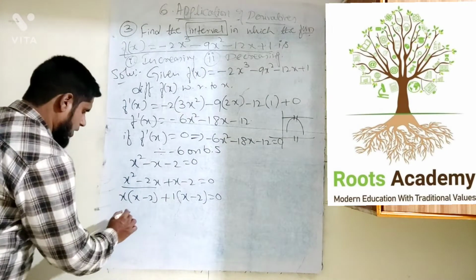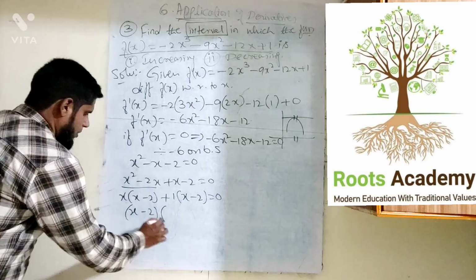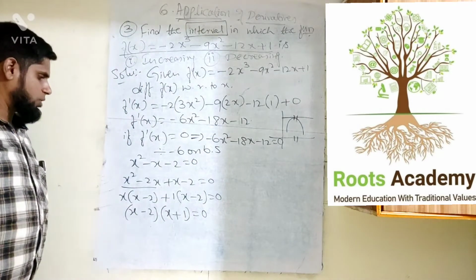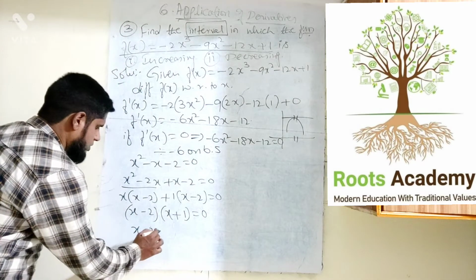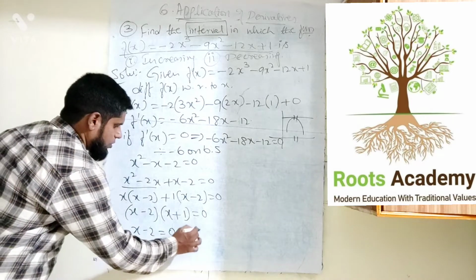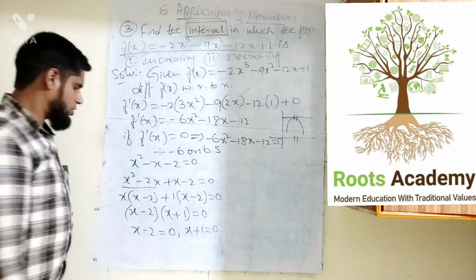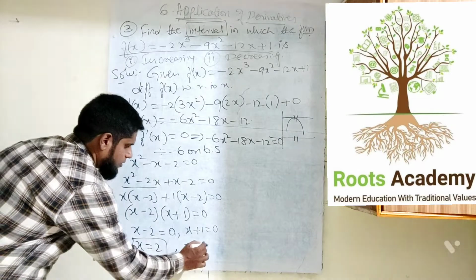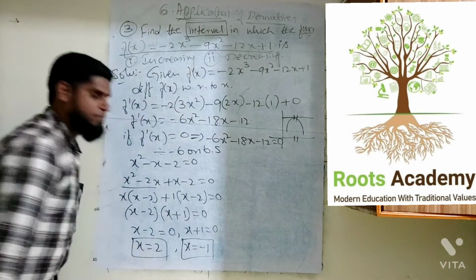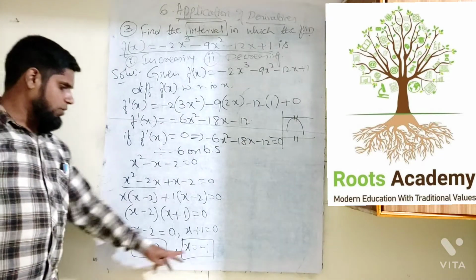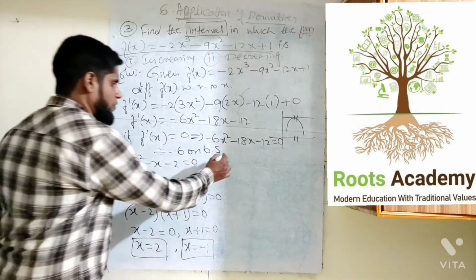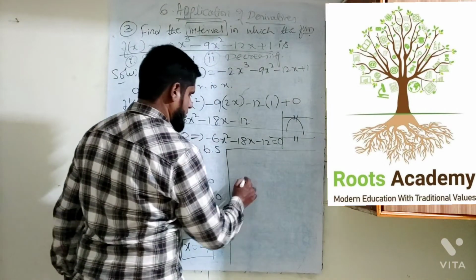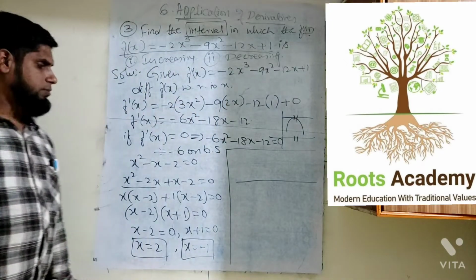Now x minus 2 is common, then the first factor is x plus 1 is equals to 0. So x minus 2 is equals to 0, x plus 1 is equals to 0. So finally I will get x is equal to 2 and x is equals to -1. So I got the two values of x. Let us mark these two values on the number line.